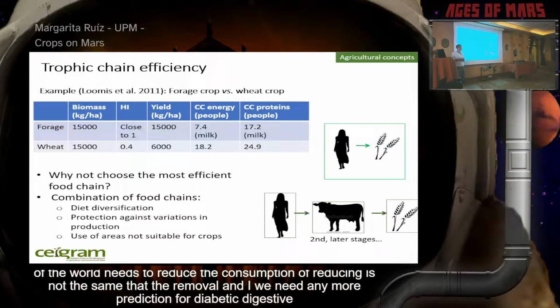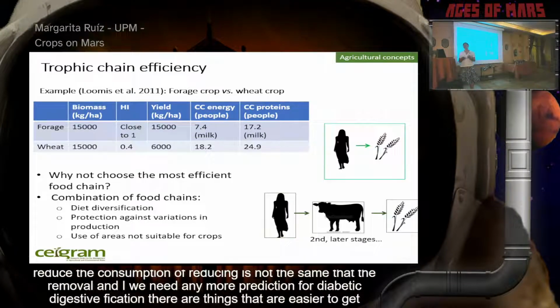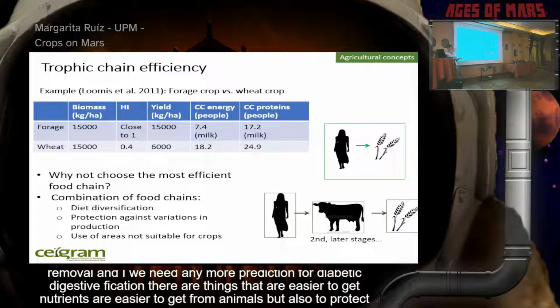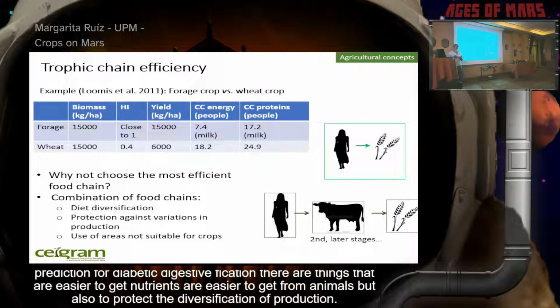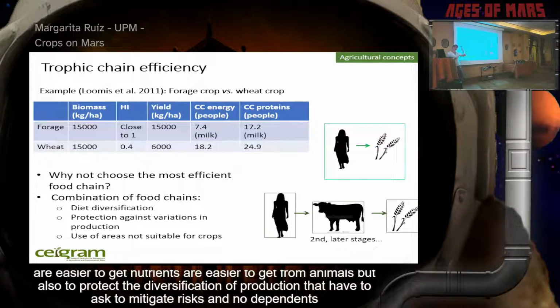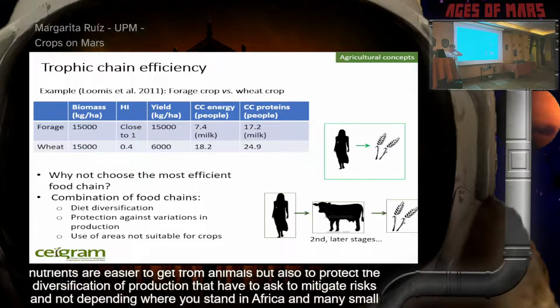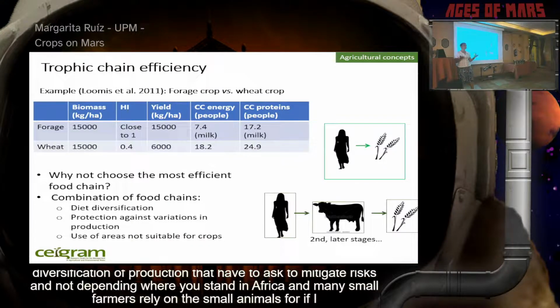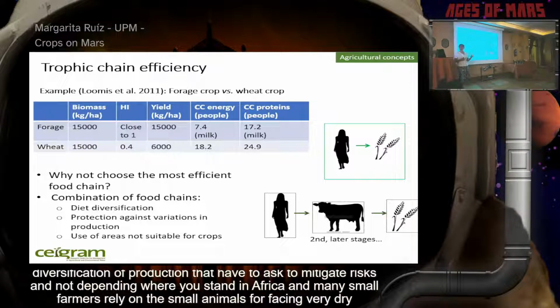And we need animal production for diet diversification. Some nutrients are easier to get from animals, but also to have a diversification of production that helps us to mitigate agricultural risks. For instance, in Africa, many small farmers rely on small animals for facing very dry years and very bad agricultural years.